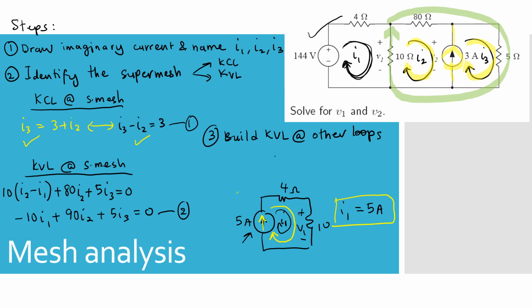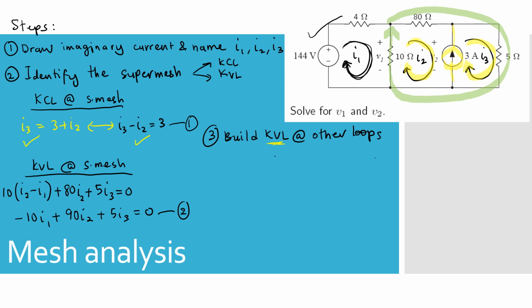Just bear in mind this condition. If you have a current source at the outer loops like this, then the imaginary current will straight away take that value of your current source. But in our case, we don't have that, so we should build up KVL around this imaginary current 1.